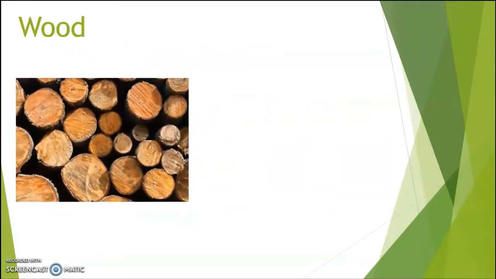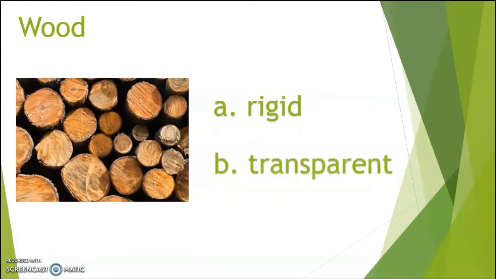And then the next one, wood. Letter A, rigid. Letter B, transparent. And letter C, flexible. What is your answer? Yes, letter A. It's rigid, hard, but it can break. All right.